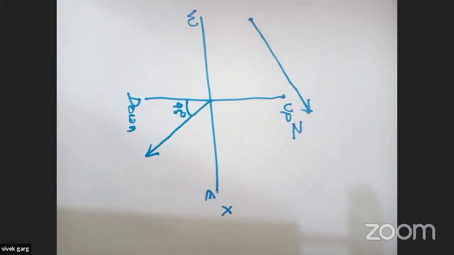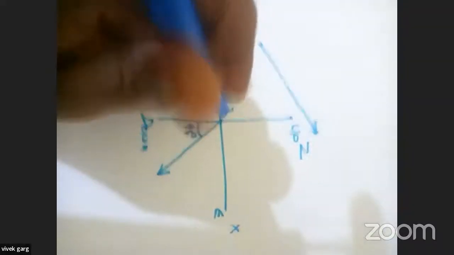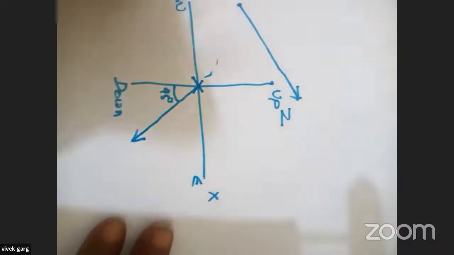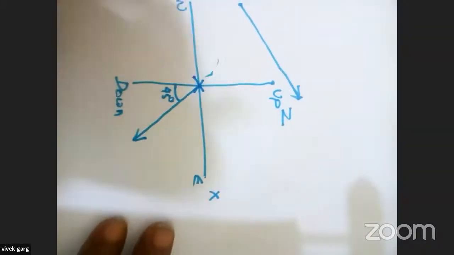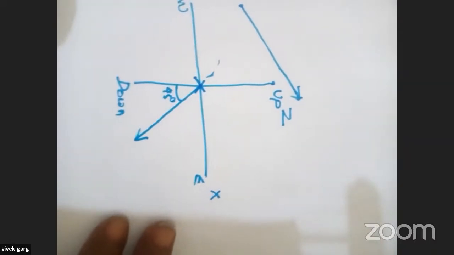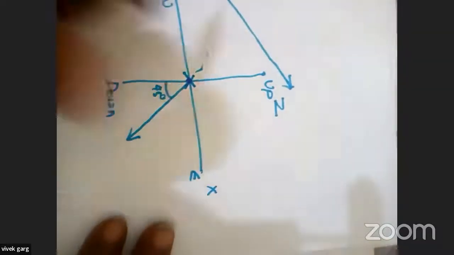Where is north? North is inside the paper, inwards. So if I was to denote north, I'll represent it as an X, which means the arrow is going inside. If I were to represent south, I'd represent it as a dot, which means it is out of the paper, upward.